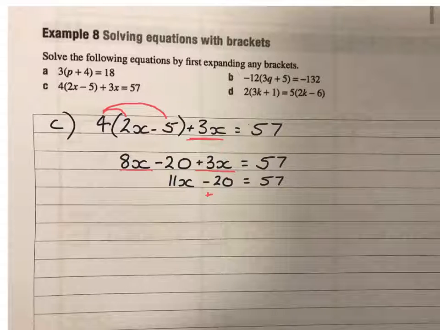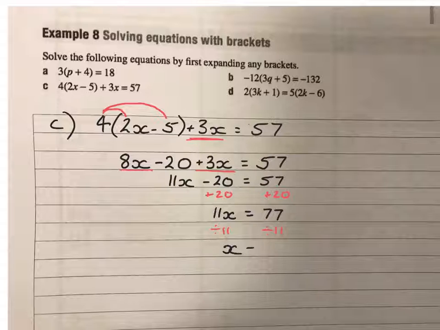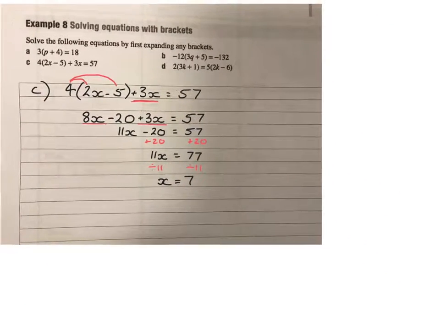Then we can add 20, okay, and we're going to get 11x is equal to 77, 57 plus 20. Then we're going to divide by 11 so that we're getting one lot of x equals 7.